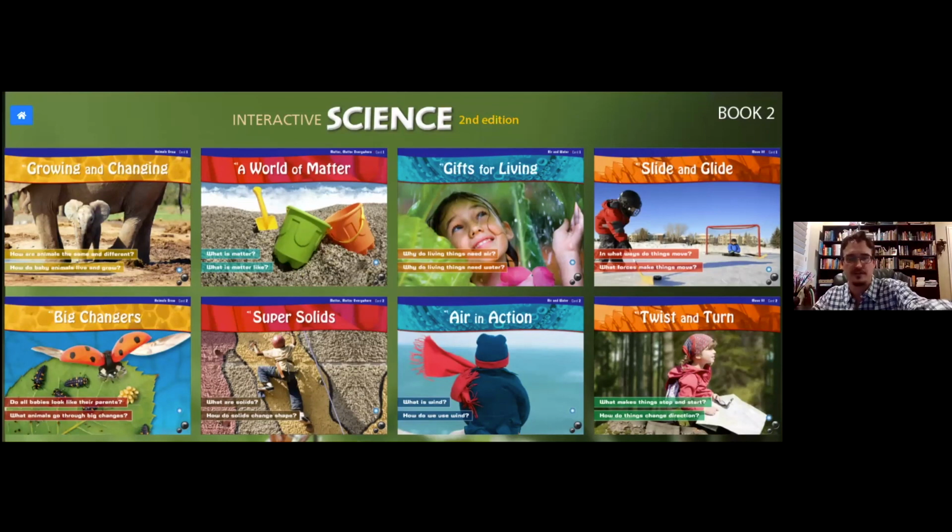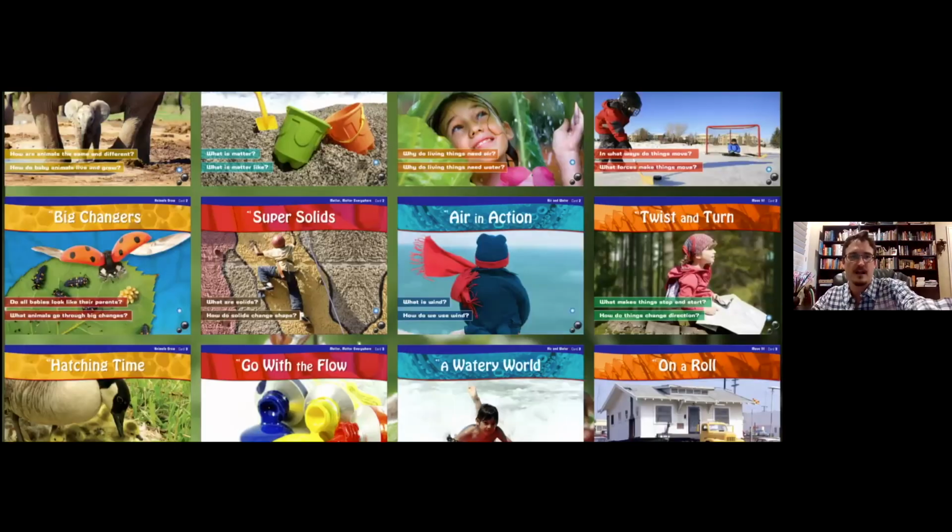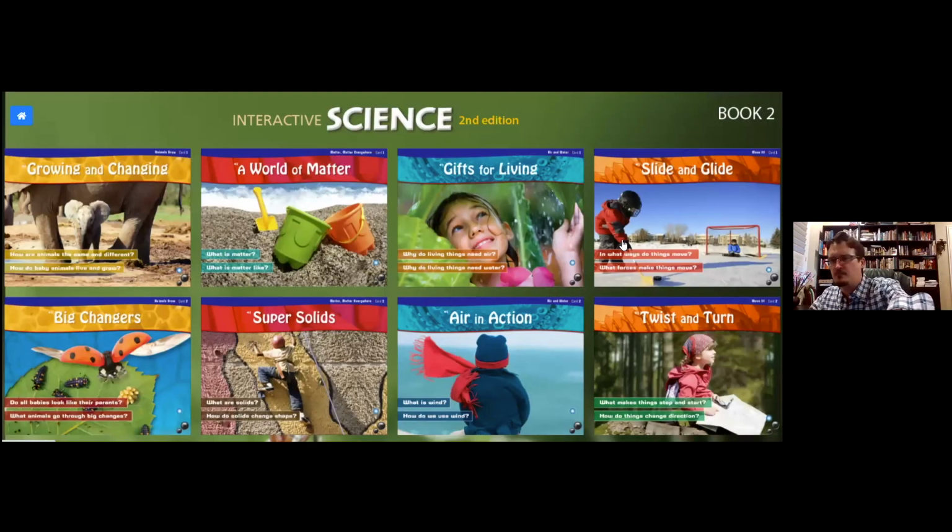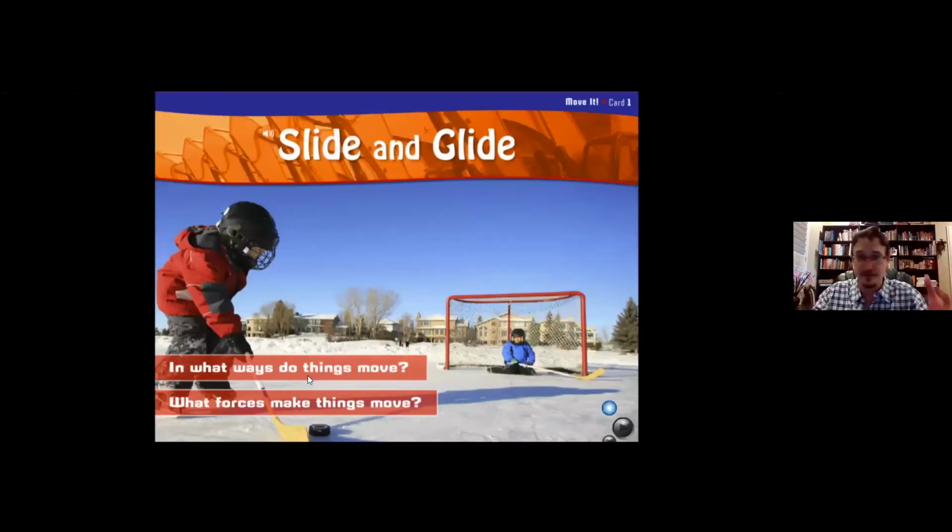There's the orange section, which is, pardon me, life science, and then the blue, which is earth and space, and then red is technology. I'm mixing them all up now. But in each of these you can click on. So here's the one we were looking at, slide and glide. We looked at that earlier with the friction. So when you get into it, as you can see, immediately we're introduced with questions. That's what these science books are so focused on, asking questions to the kids, using the language.